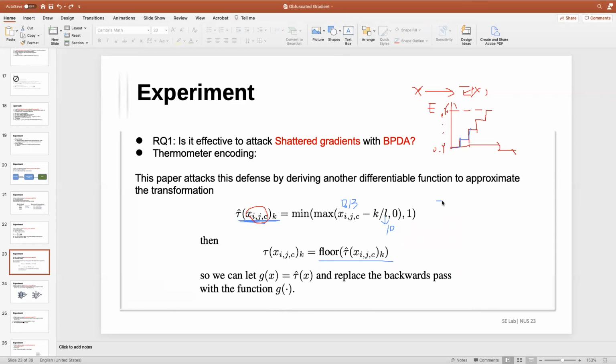So the first entry of tau is just 0.03. Then you take the floor function and it becomes 0, right? So the first entry is 0.